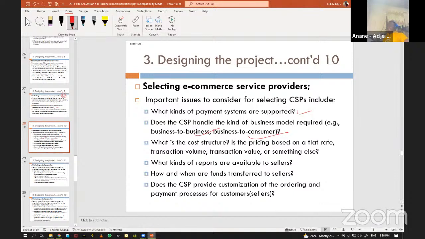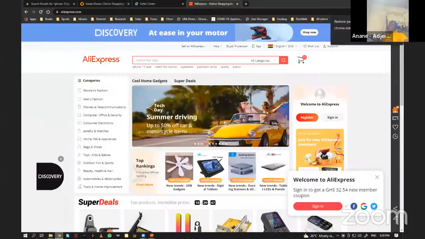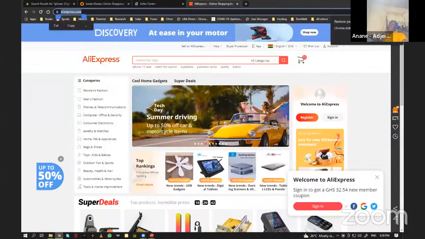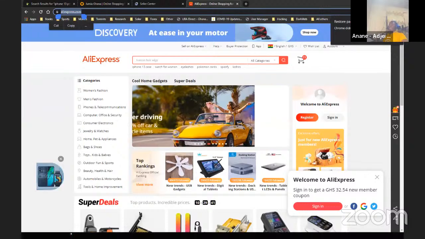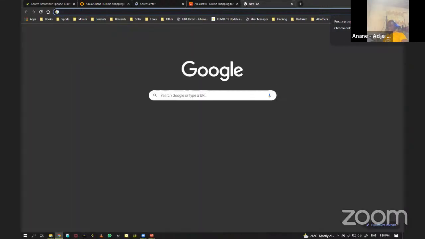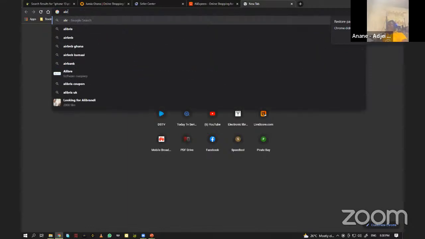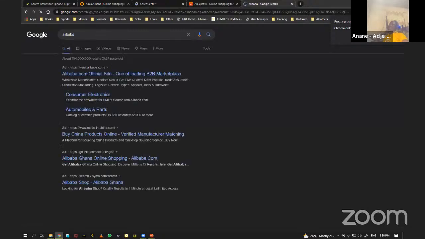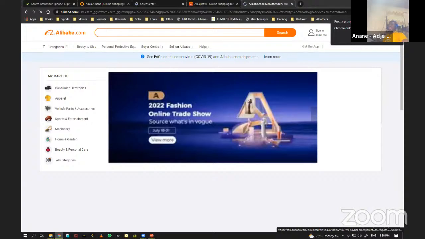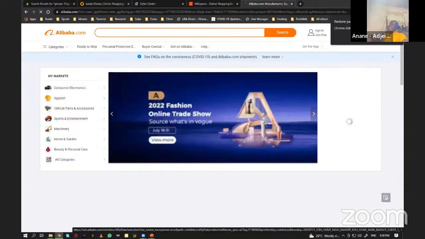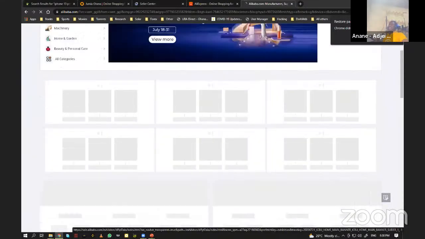Jumia currently and AliExpress currently are business to consumer commerce, but Alibaba.com is purely business to business, B2B. It's business entities, and they deal with only businesses.